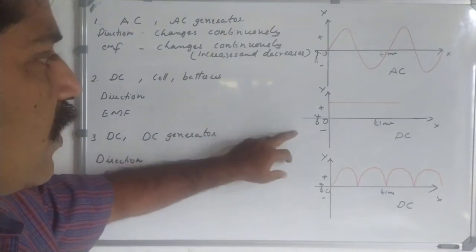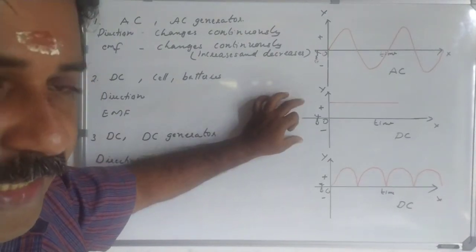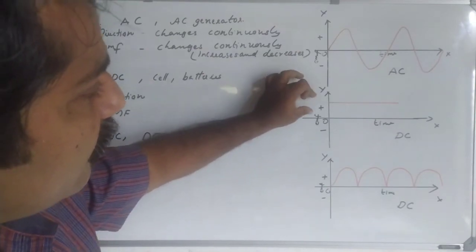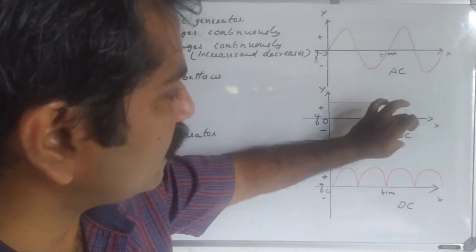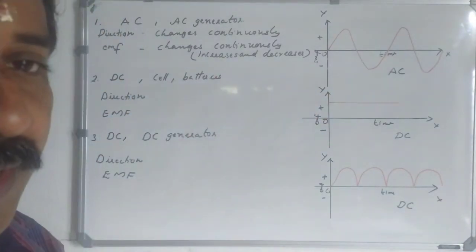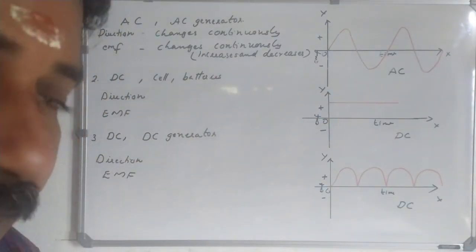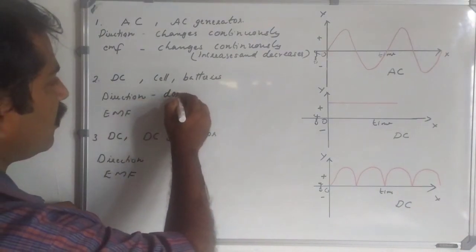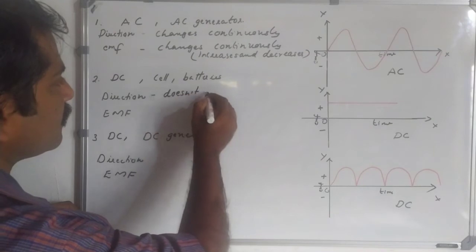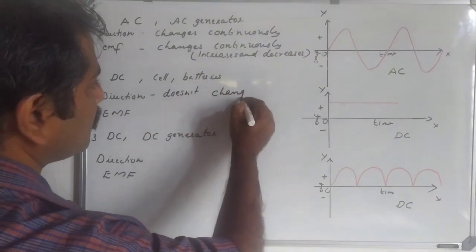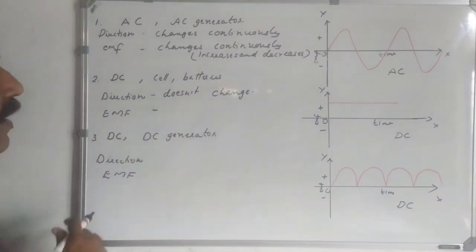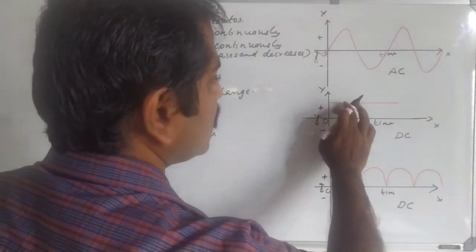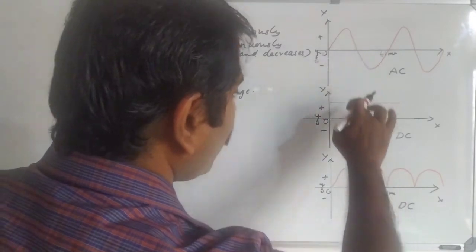Then move to the second one, DC. And what is the peculiarity of DC? We can find the current only in the positive half, not in the negative half. So what about its direction? The direction does not change. What about EMF? Here the EMF is steady, not increasing or decreasing.